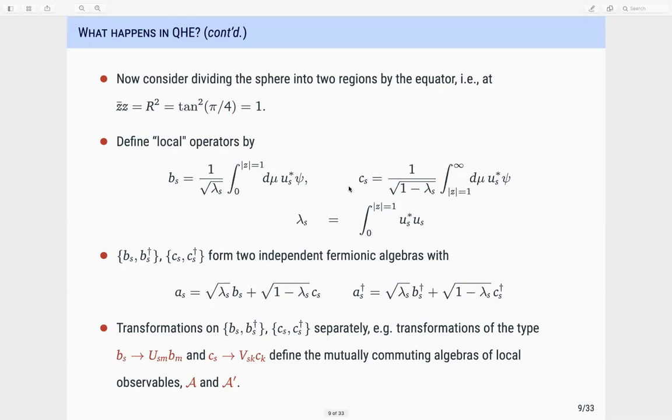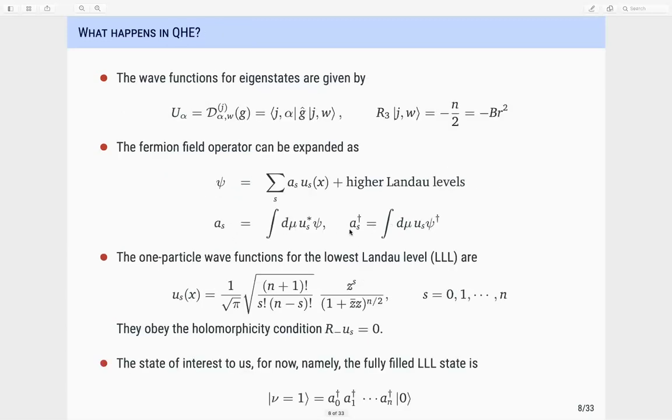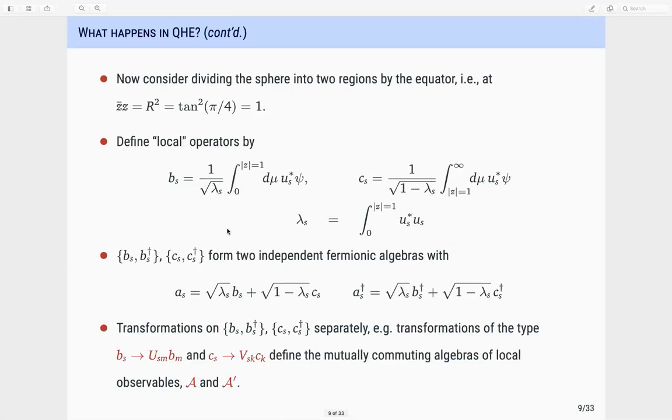Now, the important reason why this separation is useful is that B and B dagger and C and C dagger form two independent fermionic algebras. And my original operators, A and A dagger, can be written in terms of B and C like so. So effectively, at the operator level, we are trying to get a separation of my original set of operators into local operators defined in each region.